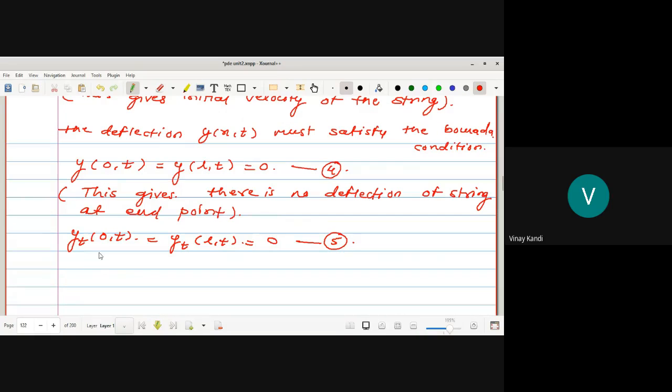This shows that the velocity at point 0 and at point L is 0. Velocity at the end points is 0. Okay, differentiate with respect to t.